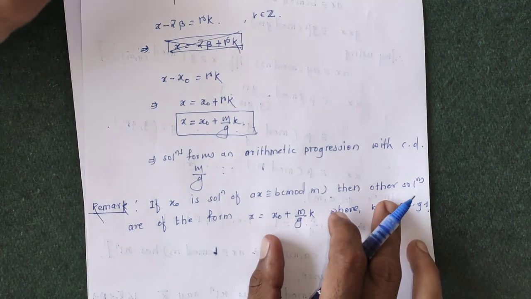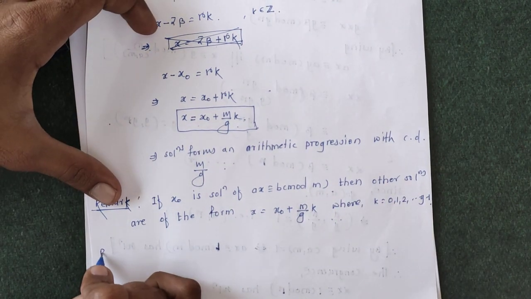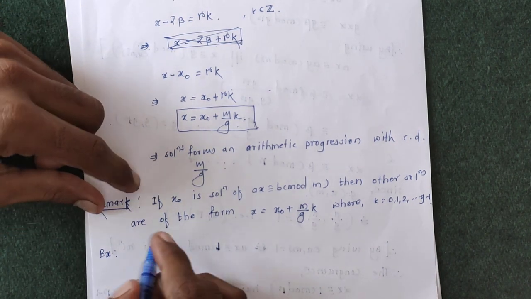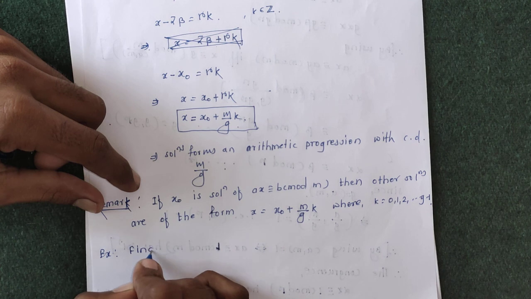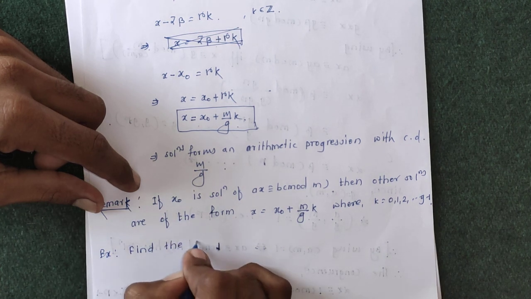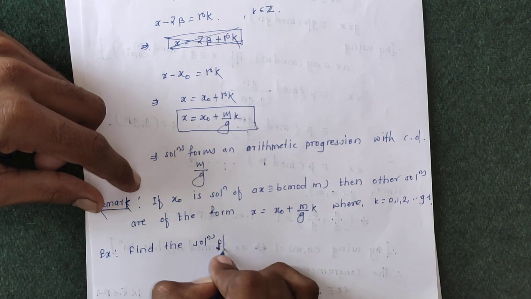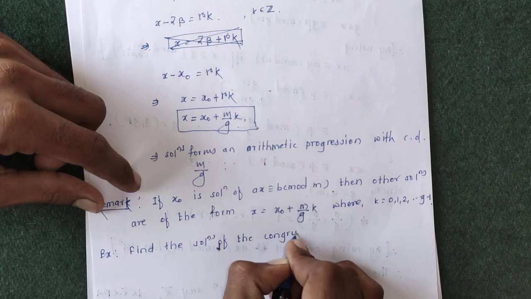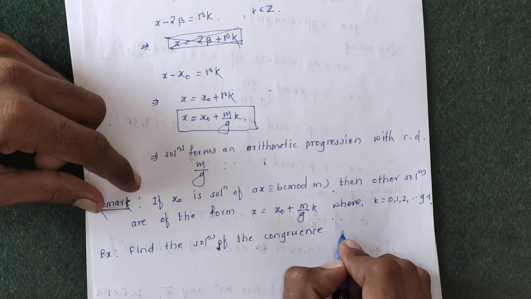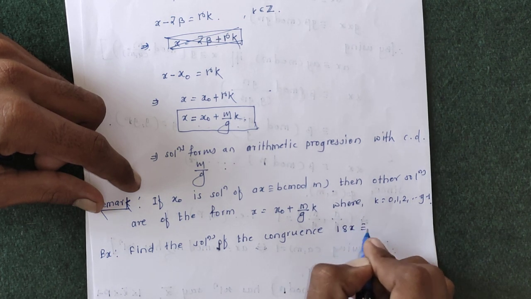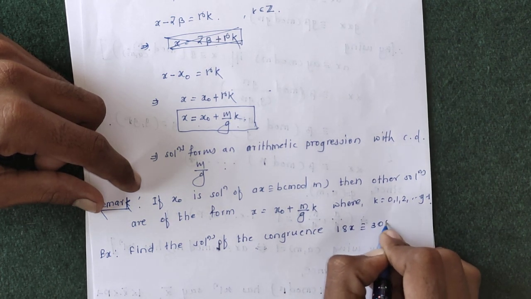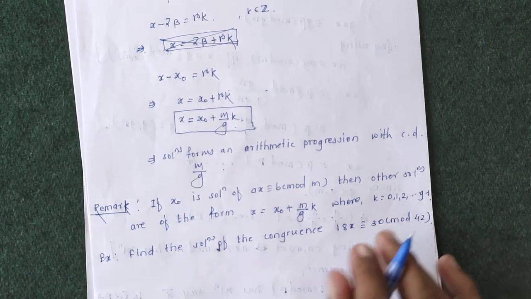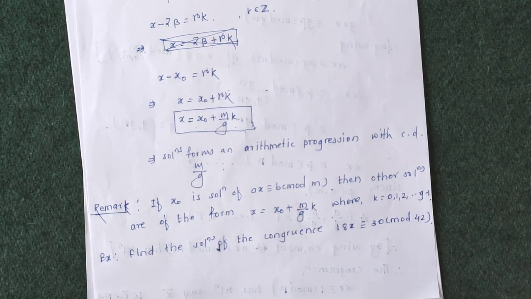So we will take one example on this theorem. Find the solutions of the congruence 18x is congruent to 30 under modulo 42.